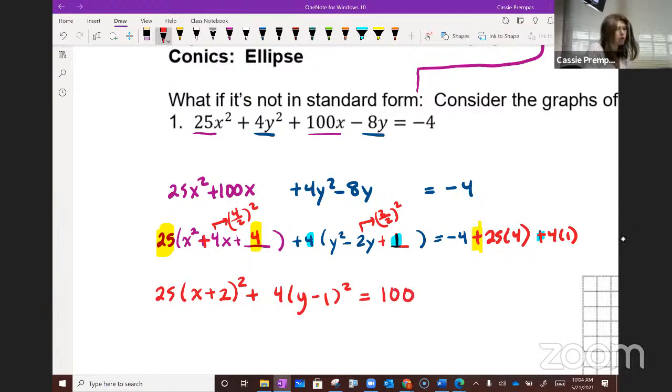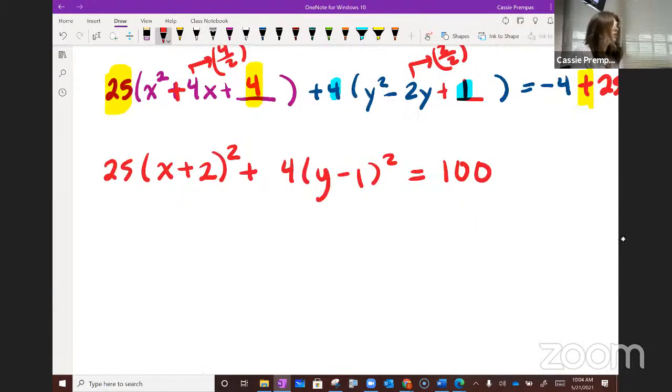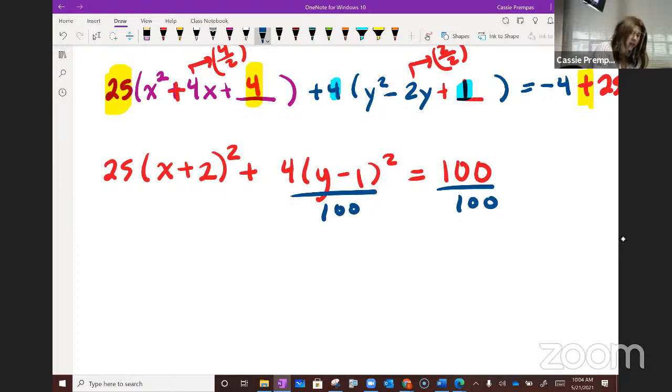I am so close, but what is the equation equal to for an ellipse? 1. So how do you think I could make this equation equal to 1? Perfect. Divide it by 100. Divide this side by 100, and when we divide this side, we have to divide everything on that side. And now I can reduce.